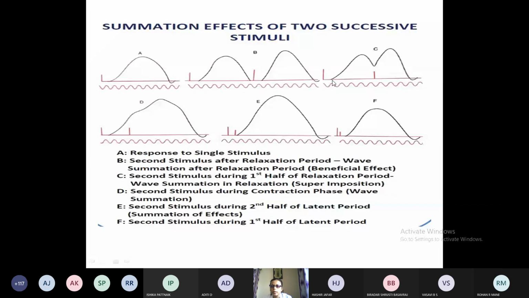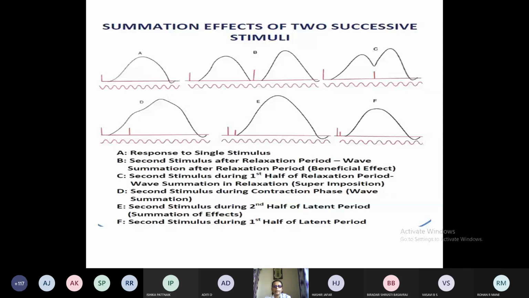In between only, the second stimulus is applied and another graph is obtained, but this is called superimposition. The second stimulus is imposing over the first. Till the first stimulus has not completed its effect, the second one is applied, that's why it is superimposing.